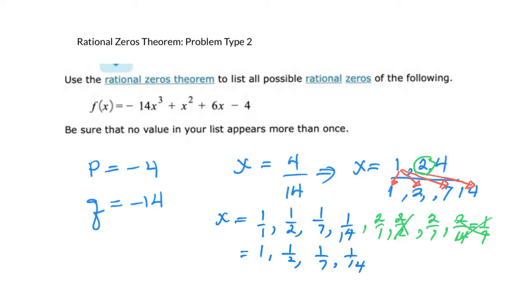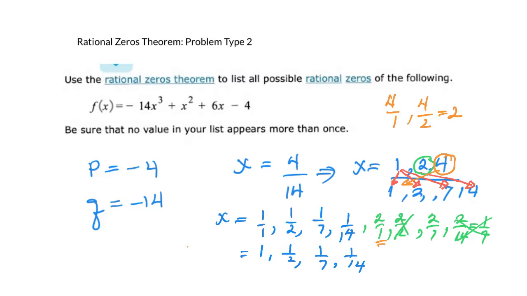All right, now let's do our last one. So we're going to take the 4 now. So the 4 will give us 4 over 1, 4 over 2, but 4 over 2 is the same as 2. And do we have that listed already? Yeah, we do.